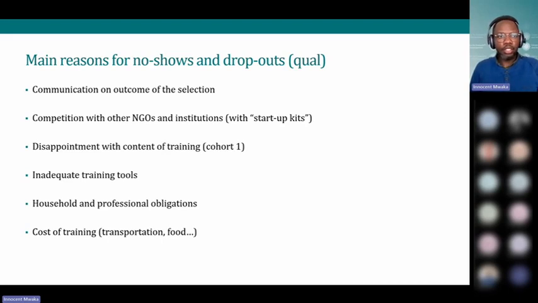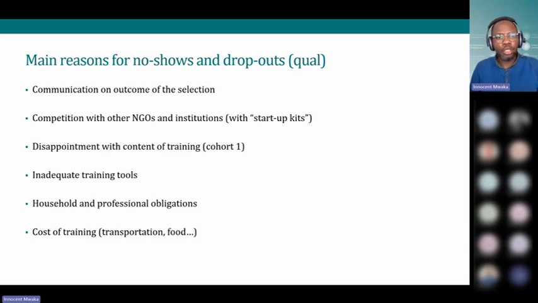And there were different reasons here. For instance, the communication of the outcome of selection was not done well, so people reported that they did not know that they'd been selected, or some people reported that there were other competing similar trainings or programs with even startup kits that they didn't have, so they would rather go for those ones.